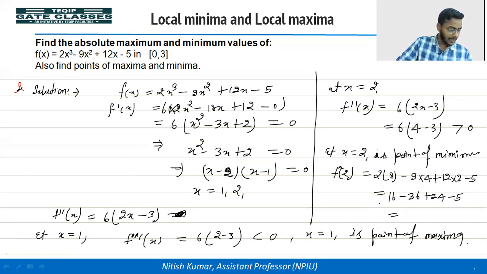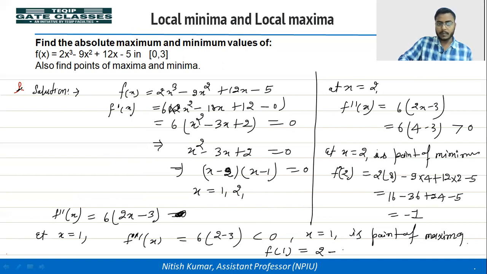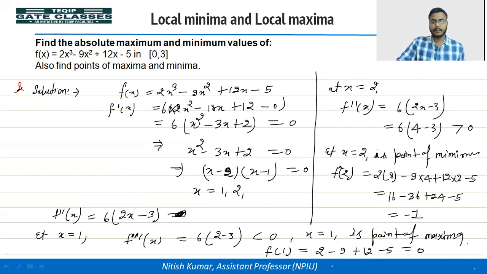I've already calculated, so I'm writing directly minus 1. Okay. And you can calculate here function value at x is equal to 1. So we are getting here 2 minus 9 plus 12 minus 5. So we are getting here 0. Okay. So now we can calculate that absolute maximum, absolute minimum.